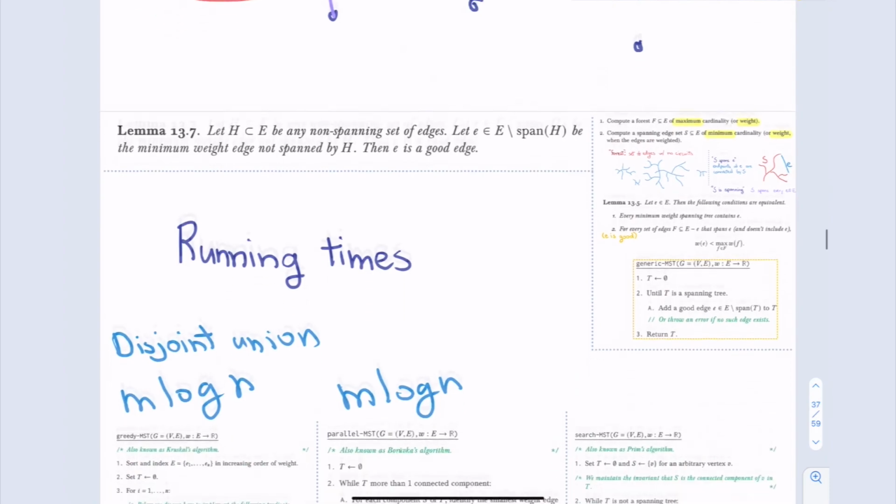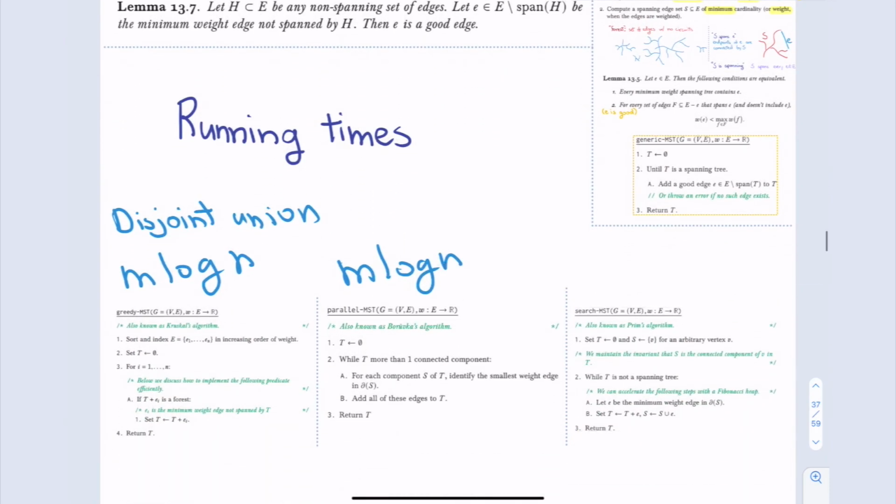So you can do this a little bit faster, although in practice I think Fibonacci heaps are so complicated that it might lose on a lot of basic data sets. But you can use Fibonacci heaps to figure out very quickly what's the next edge to add, and you only need m plus n log n time. But at some level, these are all the same algorithm. They're all taking good edges. All right, that's it. Thank you.